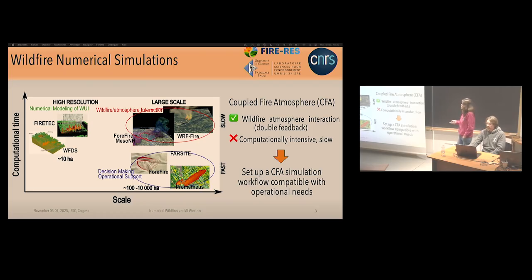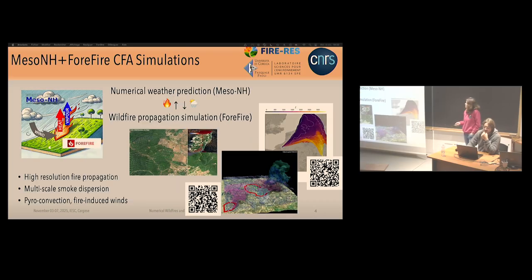Alberto also told about it before. The problem is that they are computationally intensive, so they are very slow. So what we worked on was to make it more compatible with operational needs, so to have fast enough computational time, but also to make the whole setup phase more efficient.